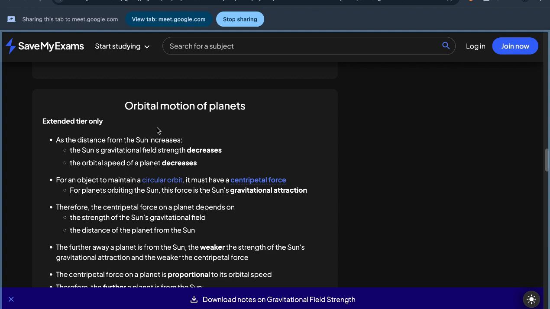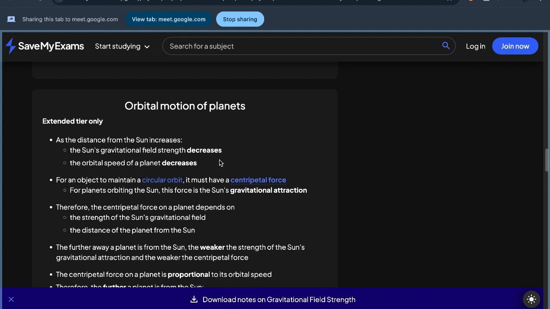Now let's take a look at orbital motion of the planets. Now as the distance from the Sun increases, if you move further away from the Sun, the gravitational field strength will also reduce. If the distance increases, the gravity will reduce. Remember I said the gravity is larger when you're closer to the Sun.